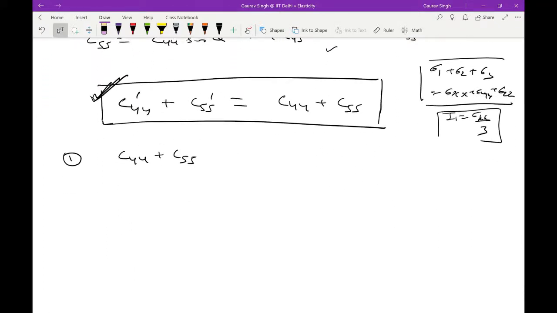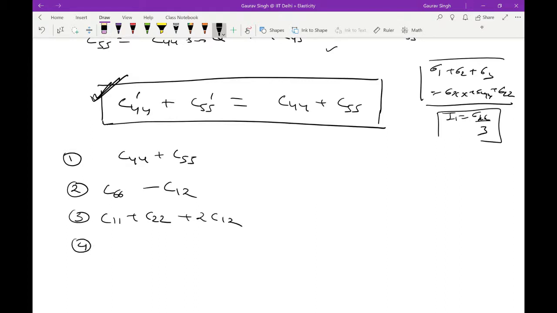So C44 plus C55 is an invariant. C66 minus C12 is an invariant. C11 plus C22 plus 2C12 is an invariant. C44 plus C55 is an invariant, but we have already written that, so let's not write that again. And C13 plus C23 is an invariant.